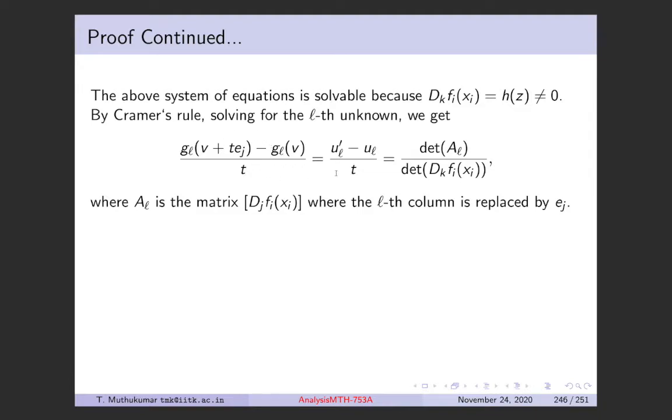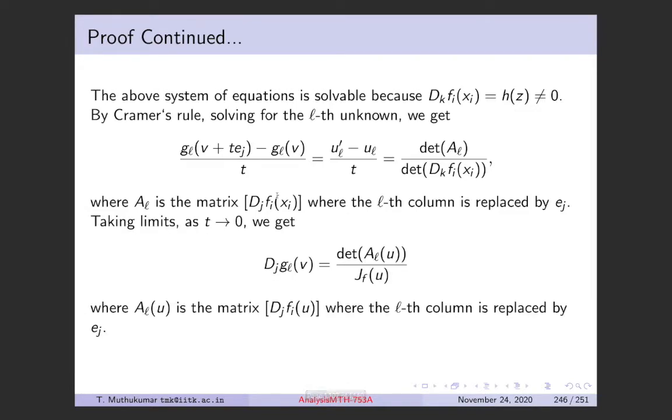So we have this formula, and this is true for each L. Now you take the limit t going to 0. If you take the limit t going to 0 here, you see this is nothing but the jth partial derivative of gl. And here, when t goes to 0, if you actually notice, this al depends on this u here.